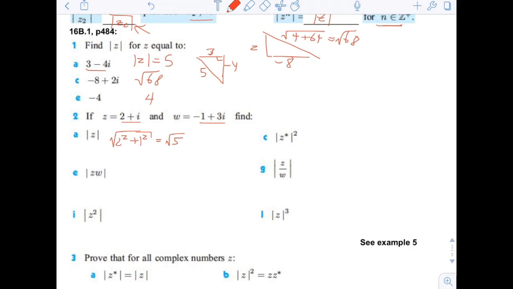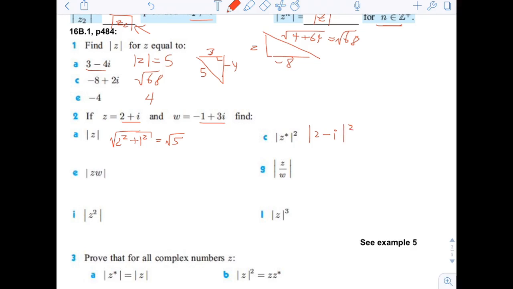What about the modulus of z conjugate, squared? Well, z conjugate would be, instead of 2 plus i, 2 minus i, right? So let's write out 2 minus i, and then we take the modulus of that and then square it.